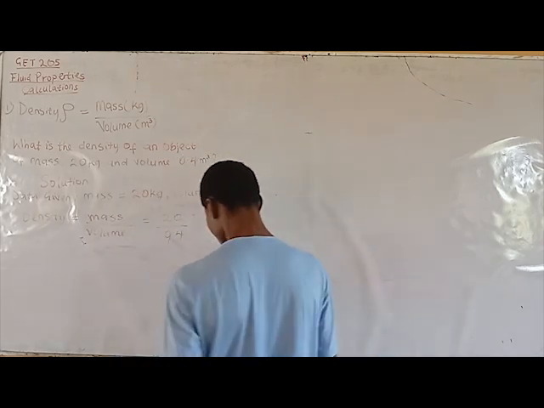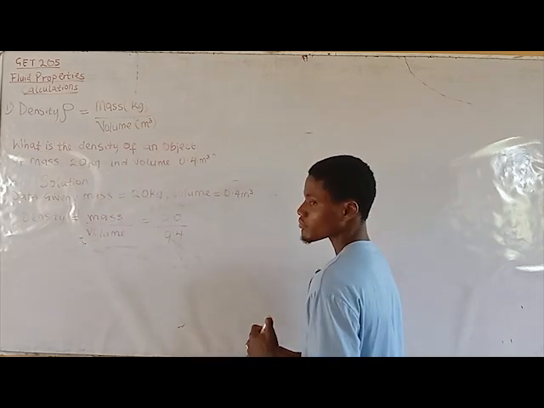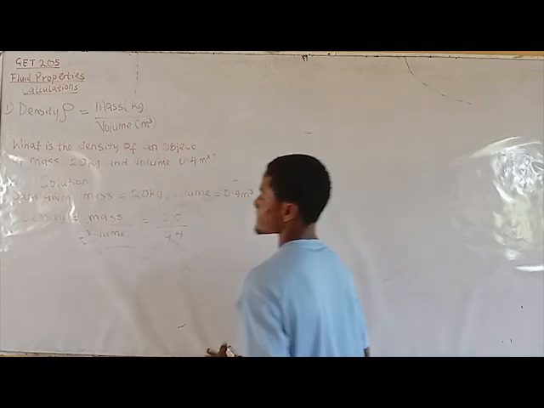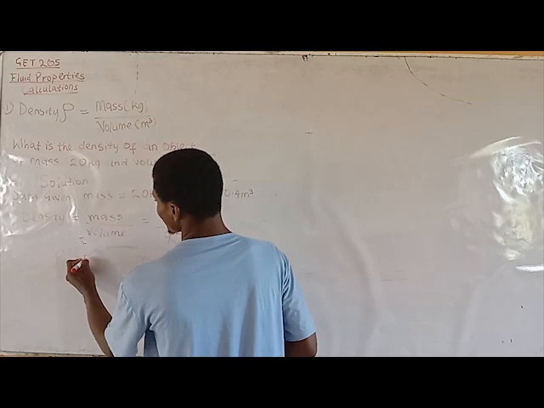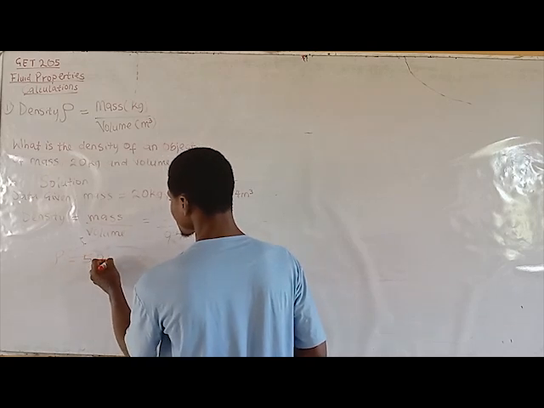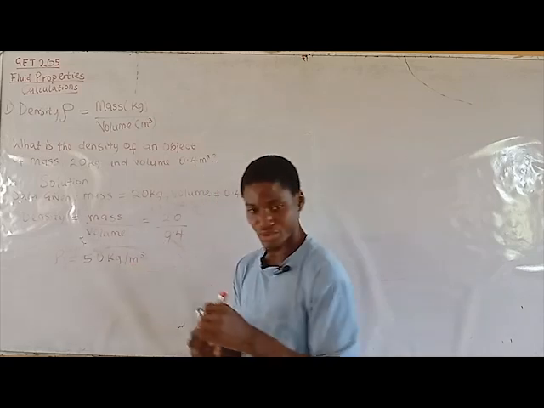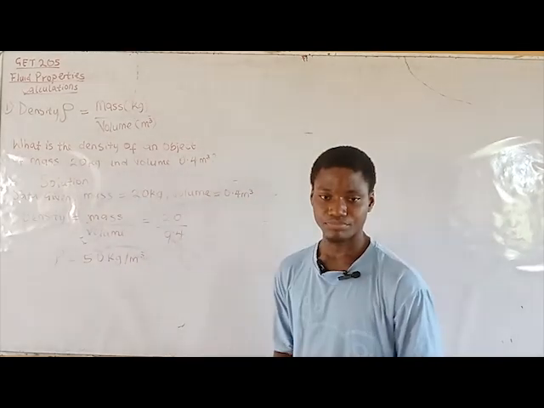So 20 divided by 0.4 gives us what? Our density. If your calculator does not give 50 kilograms per meter cube, I think you should throw it away. 50 kilograms per meter cube.